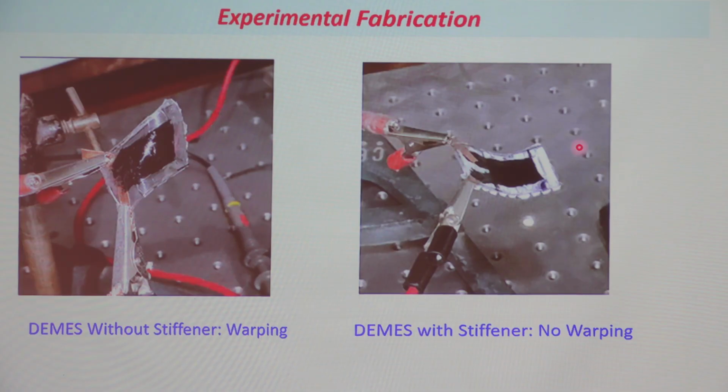Every coin has two aspects. You are putting a stiffener, we are getting a lot of advantages, but there is one disadvantage also. What is that? Actuation will reduce. For example, if you are not putting a stiffener, it will bend like this. But because of the mass of the stiffener coming into the picture, it will not allow it to bend more.